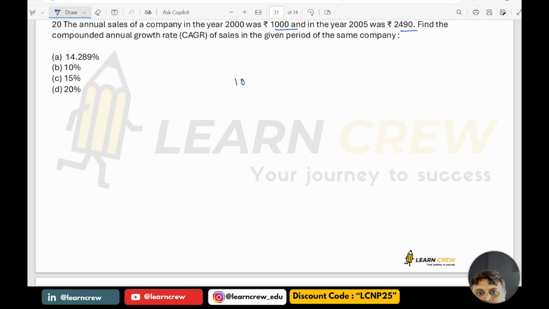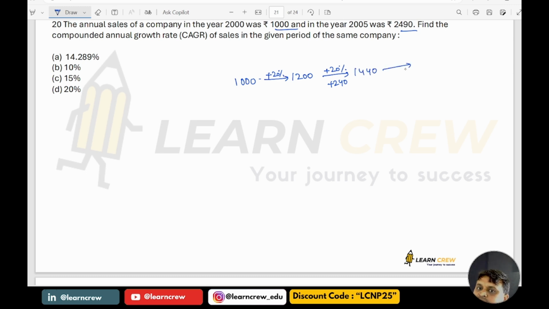For example, 1000 at 20%. Definitely, 20% means it becomes 1200. 1200, 20% means 240, so 1440.